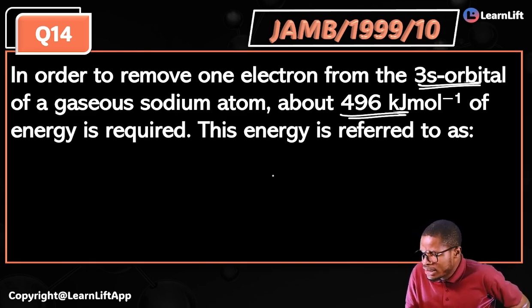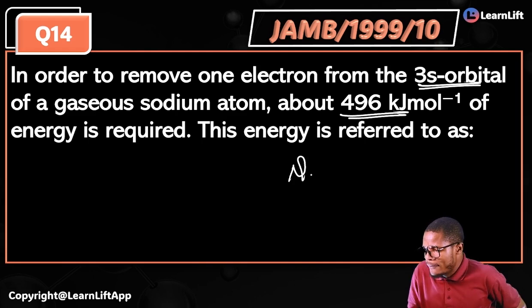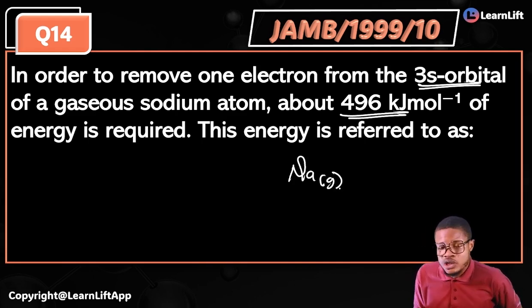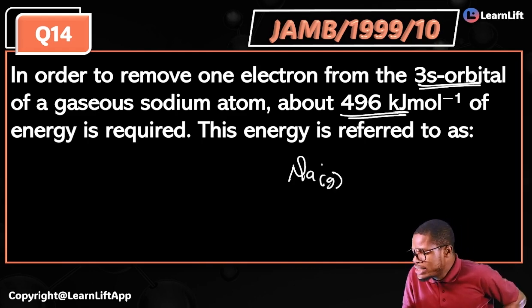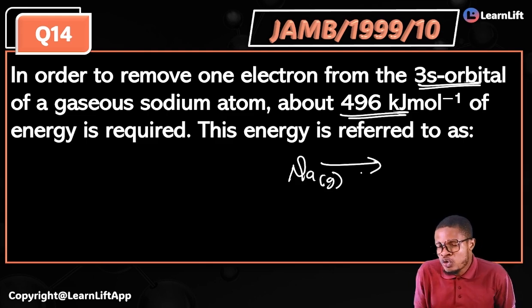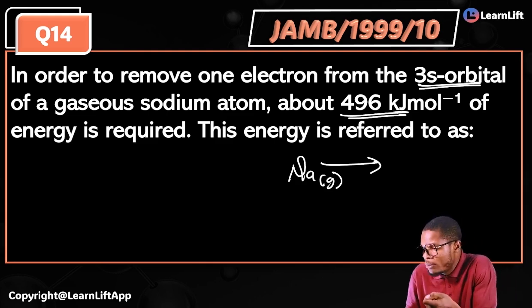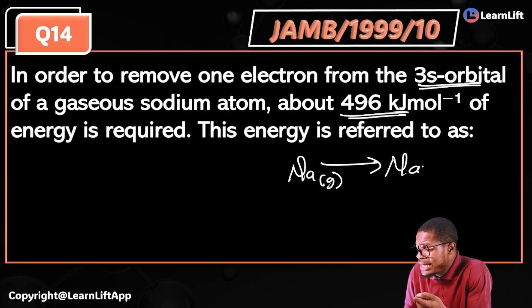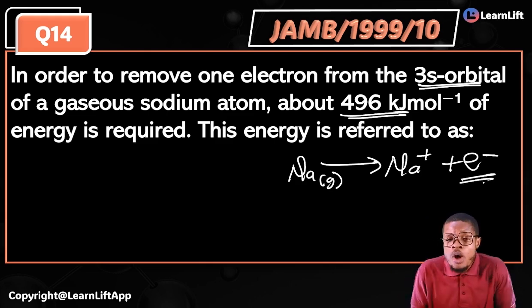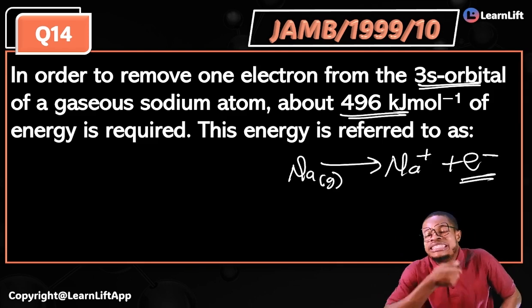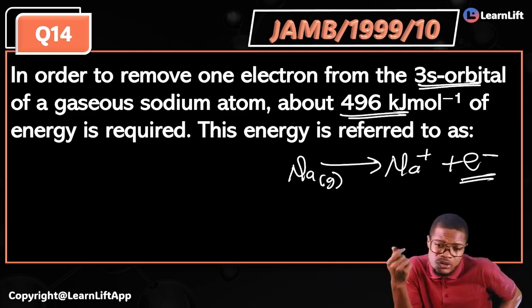This here is your sodium, Na, in its gaseous atom. You now need energy to remove an electron from that sodium. Of course, if you remove it, it becomes Na+ and an electron, e-. What is that energy that you need to remove that electron? That's what they're asking you.